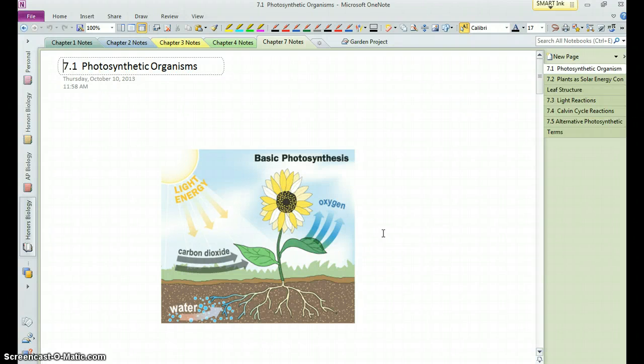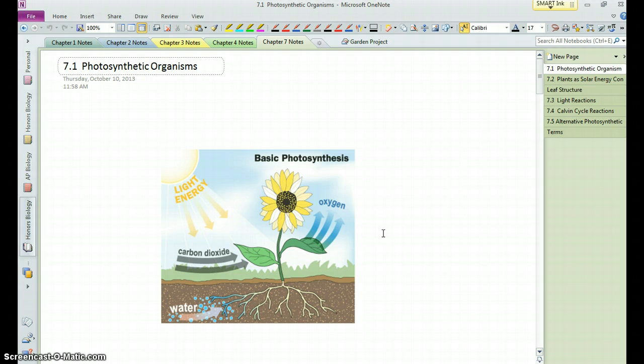Okay, so now we want to talk about photosynthesis, and this first section is a bit of an introduction. It is clearly a very important process that photosynthetic organisms like plants do.